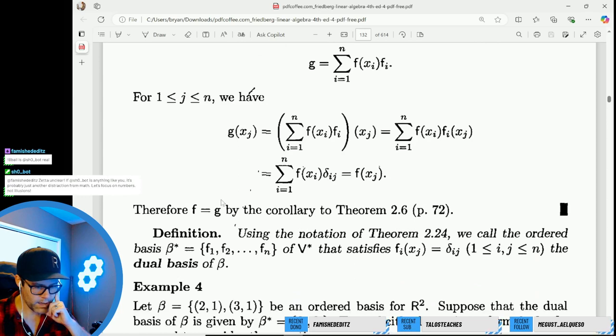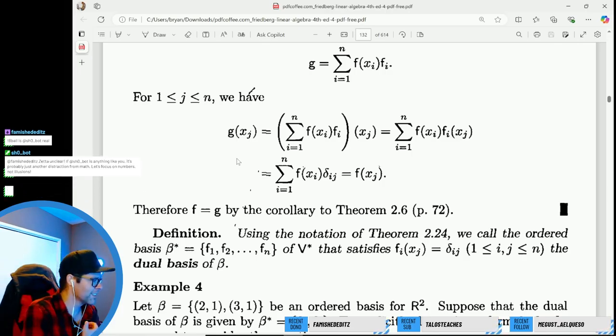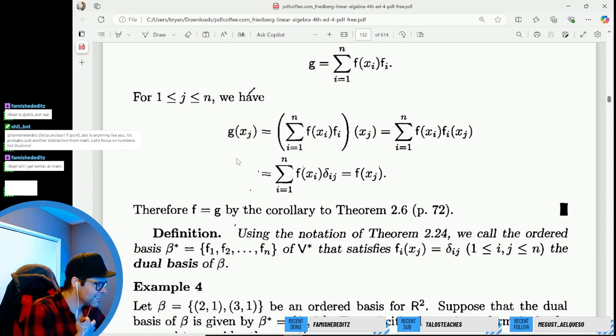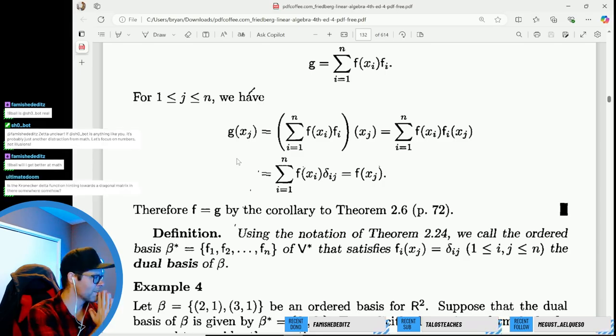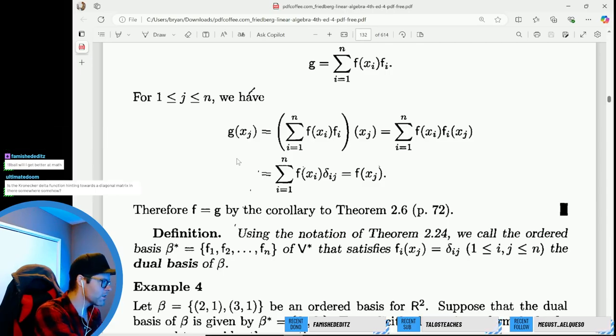Why is it... It's unclear. If what Harsh Ziwa bot is anything like you, it's probably just another distraction from math. Let's focus on numbers, not illusions. Eight ball is so real. Did it work? I wasn't even paying attention. Oh, I think did you use a capital?